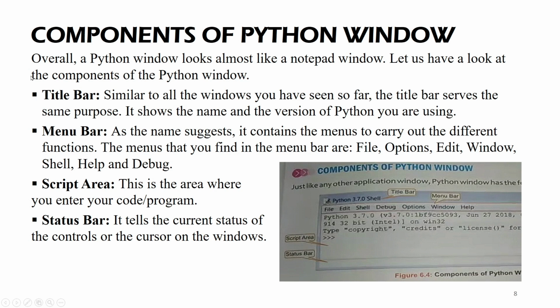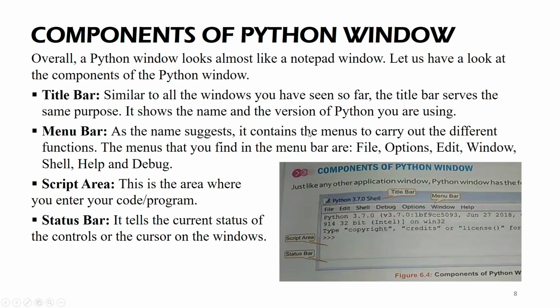Now, components of the Python window. Overall, a Python window looks almost like a notepad window. Let us have a look at the components. We have already had a look. It is the title bar. You know the title bar, similar to all the windows you have seen so far. The title bar serves the same purpose.